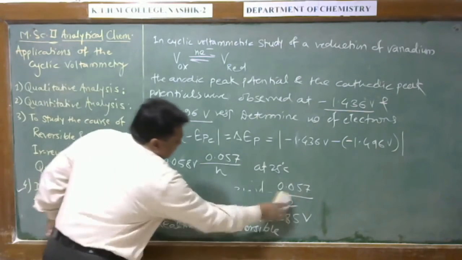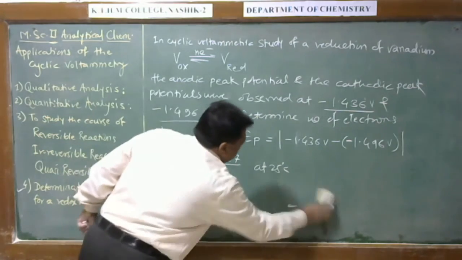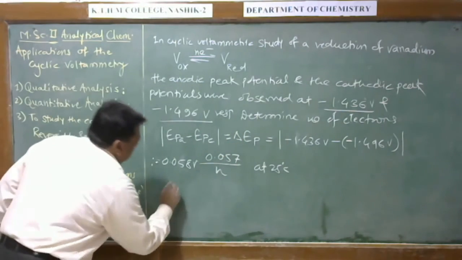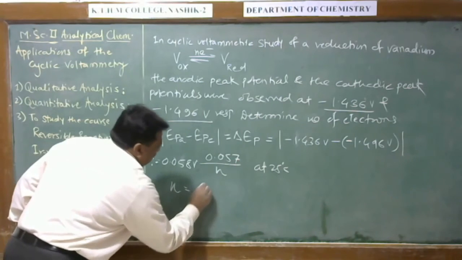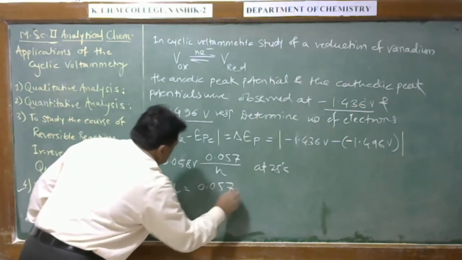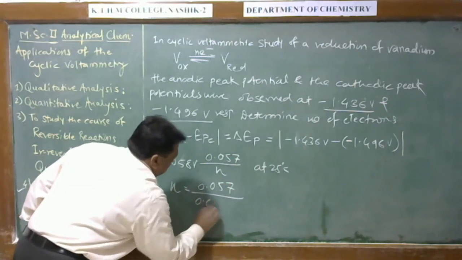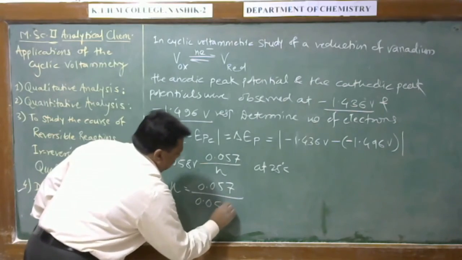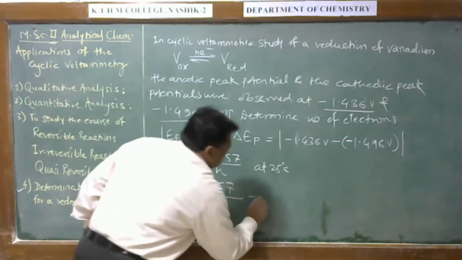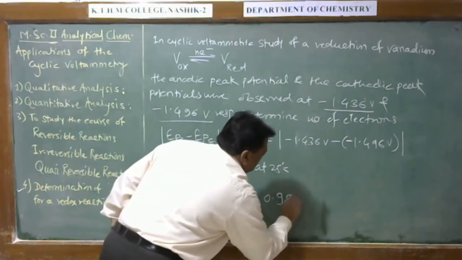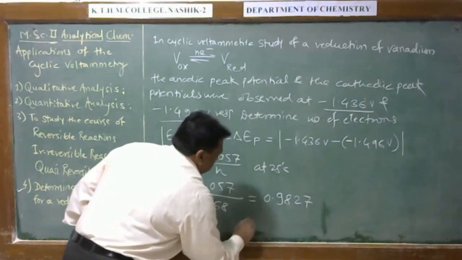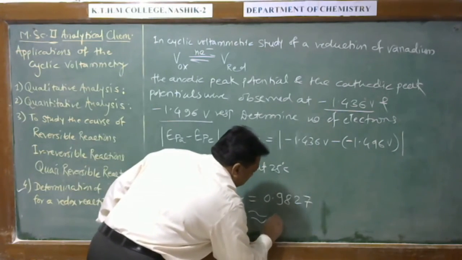And therefore here in this case we can find out N is equal to 0.057 divided by this 0.058. This value is equal to 0.9827 and which is approximately equal to 1.